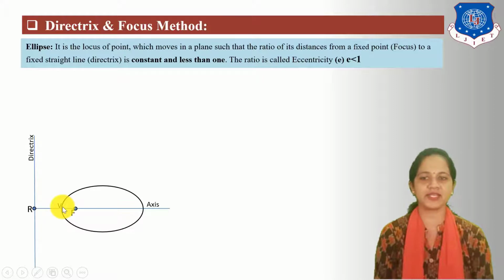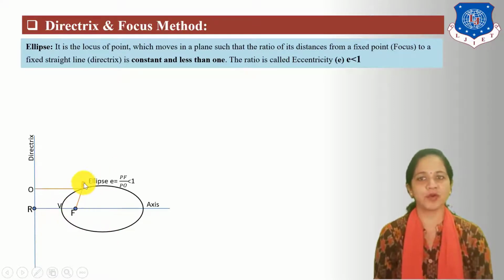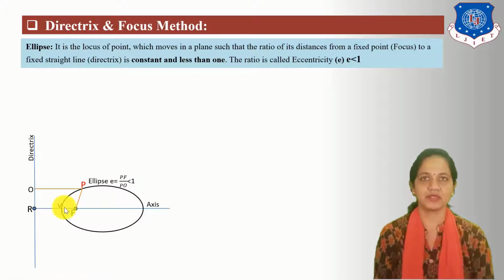Now as per definition, the ellipse is a locus of a point which moves in a plane so that the ratio of its distance from a fixed point to a fixed straight line is constant and less than 1. So this ratio is constant at any position on the curve.